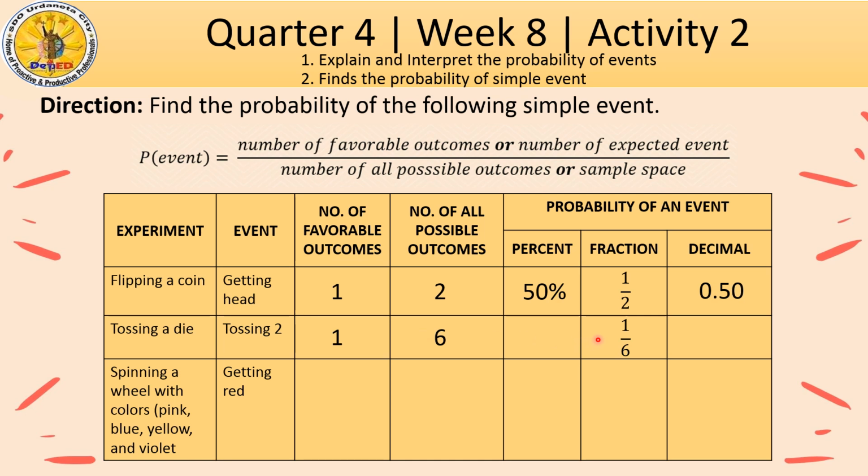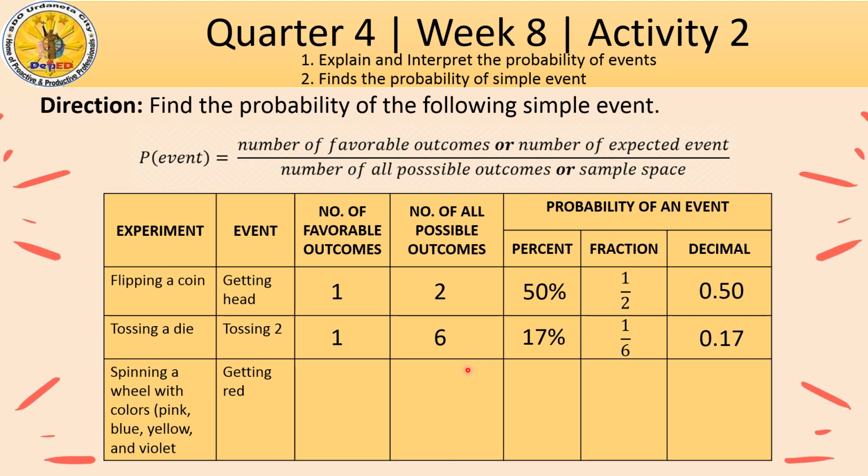So we will write 1 on the numerator, and number of all possible outcomes, and that is 6. So we will write 6 on the denominator. And if we're going to convert that in decimal point, that is approximately 0.17. And in percent, that is 17%.